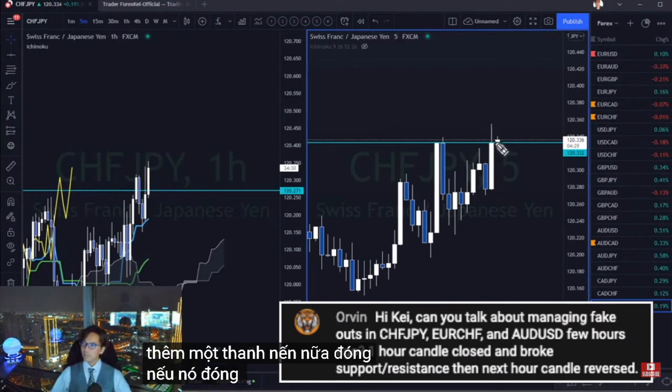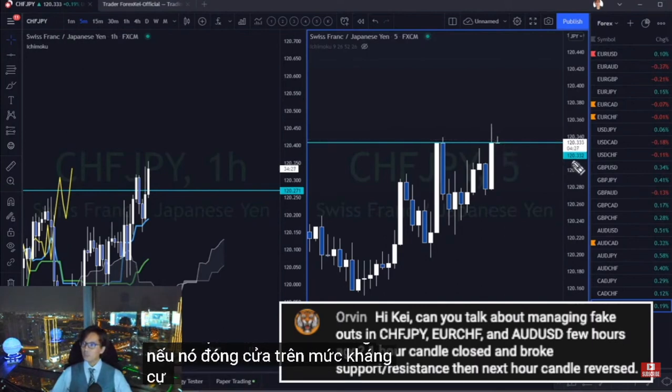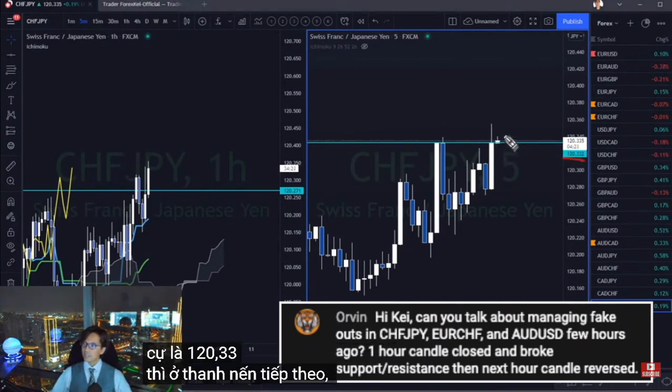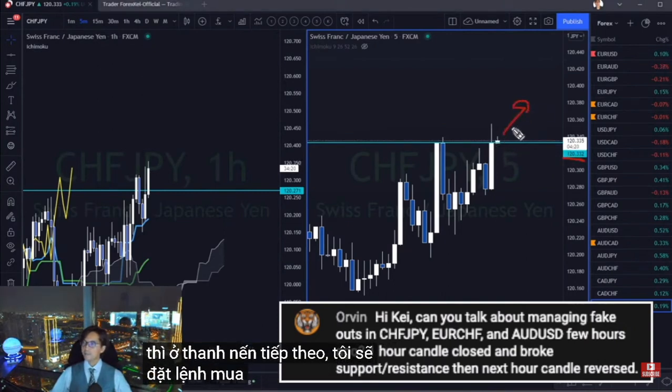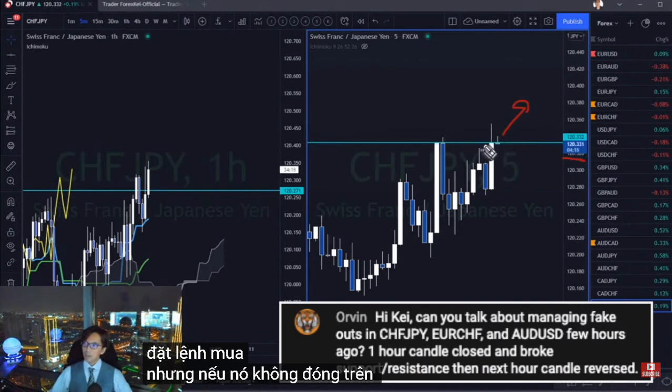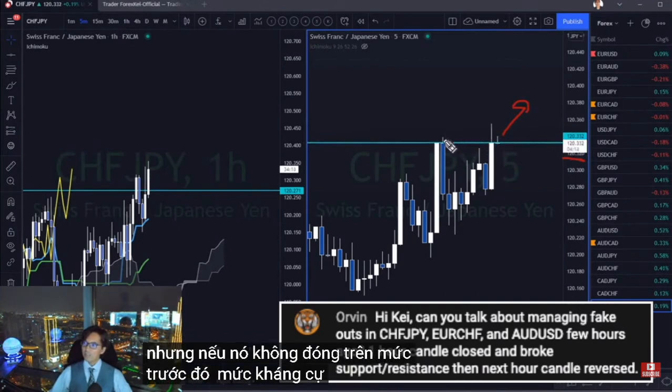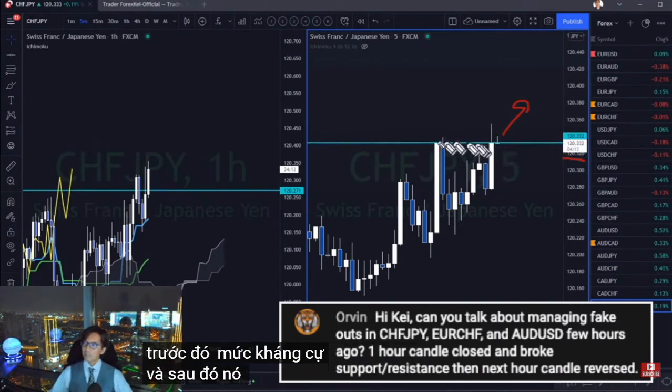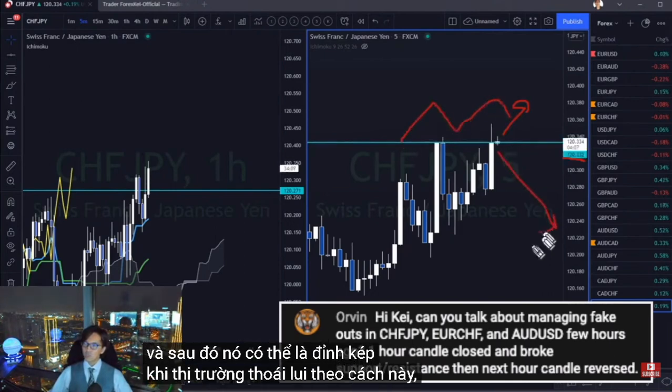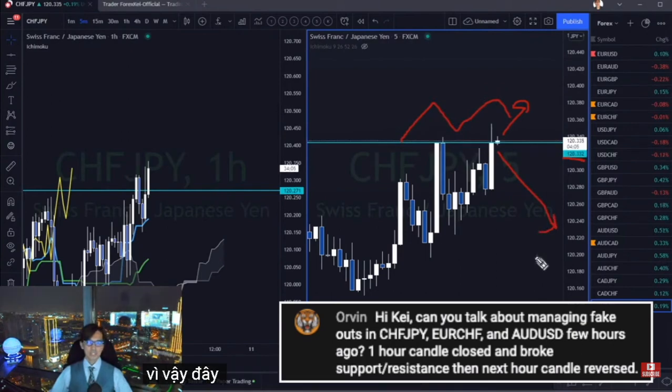If it closes above the resistance level, which is 120.33, then on the next candlestick, I will place a buy. But if it doesn't close above the previous resistance level, it might be a double top as the market retraces backwards this way. So this is how you can read the price action.